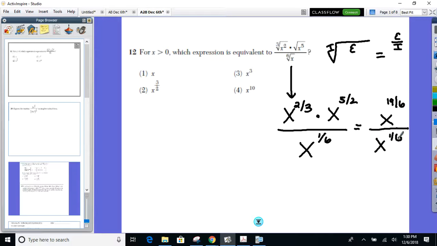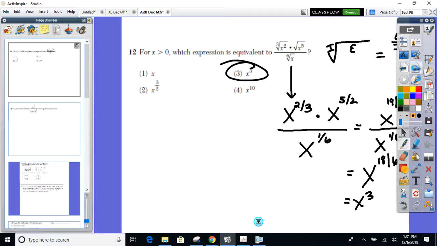One more step. Now remind me, what do you do with your exponents when you divide? Subtract. So this will be x to the 18 over 6, also known as x to the 3rd. There we go. Okay, x to the 3rd. E over I, exponent over index.